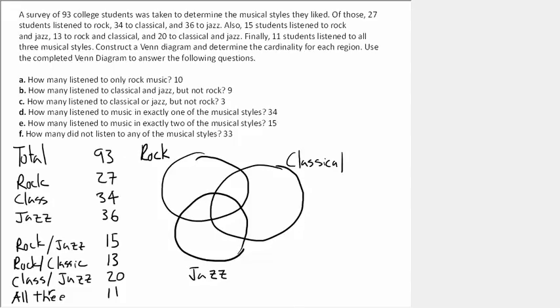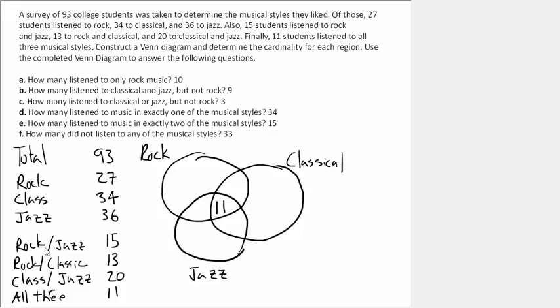And the way that we begin is by looking at the very center. We know that there's 11 students who listen to all three types of music. And if that's true, there is only one spot for those 11. It's the intersection of all three circles. That's where we begin.